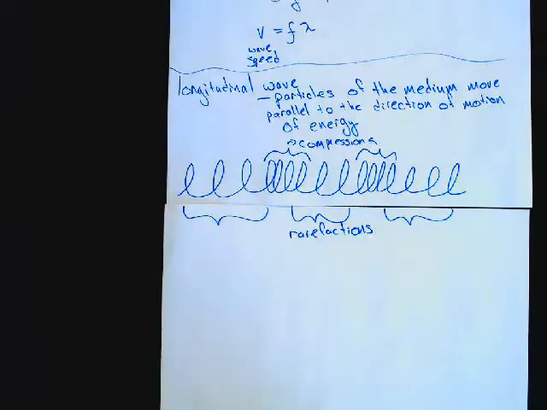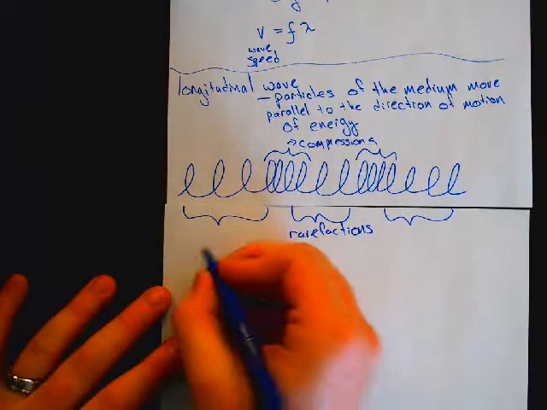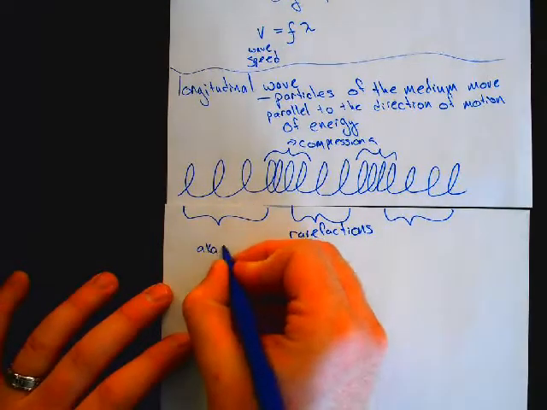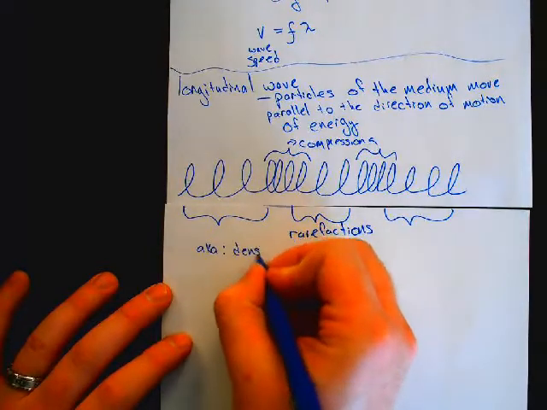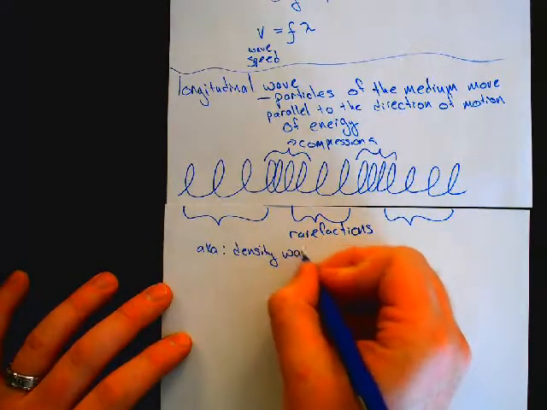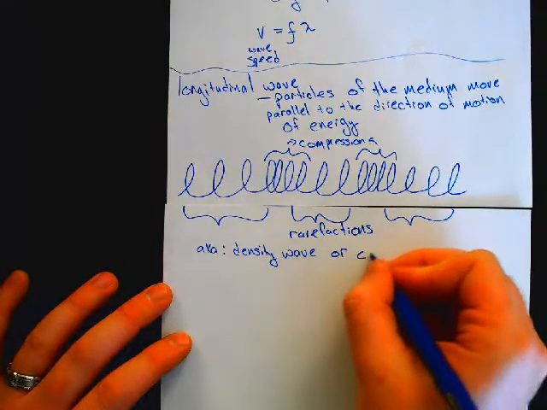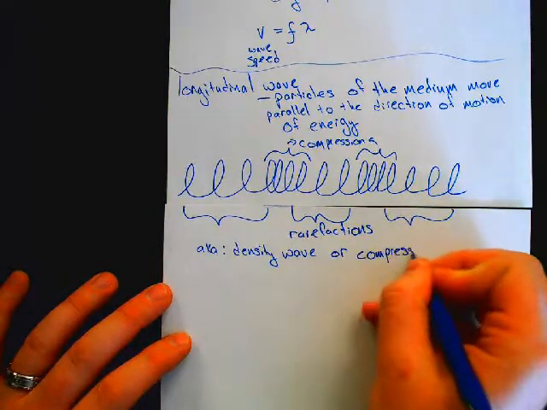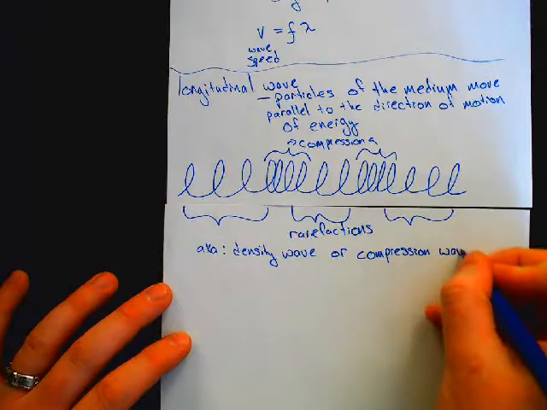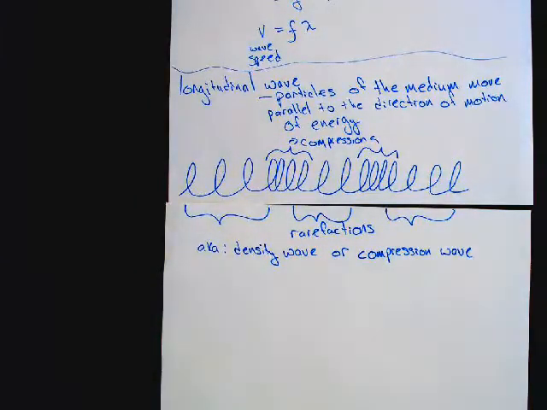Now, a longitudinal wave can also be called a density wave or a compression wave. And it has to do with the fact that as a wave travels longitudinally, it changes the density of the medium. So as I'm talking to you guys, I'm sending longitudinal waves to you.